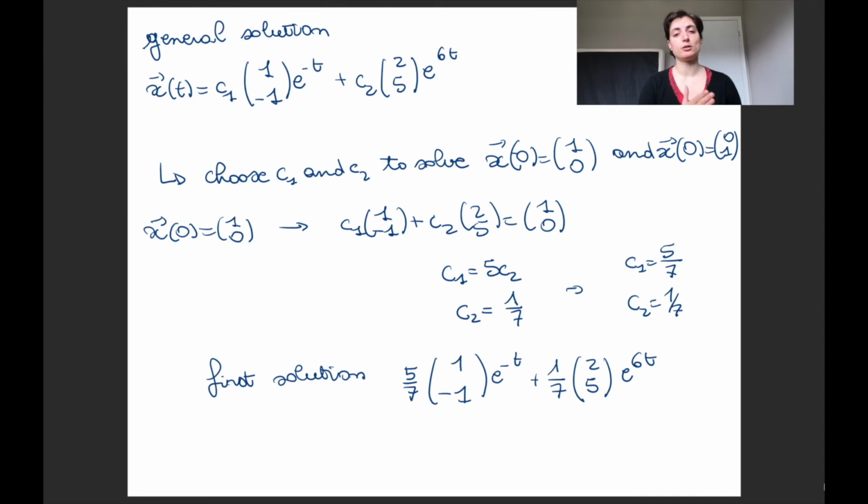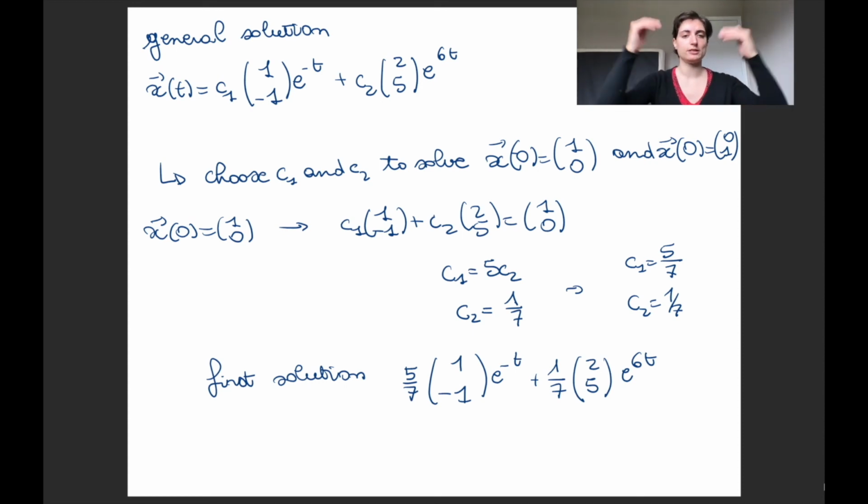First, let's compute c1 and c2 for x at 0 equal (1, 0). That means that the exponential of minus t and the exponential of 6t disappear, are equal to 1. So we have c1 multiplied by (1, -1) plus c2 multiplied by (2, 5) equal (1, 0). This is a 2 by 2 linear system, so we can solve it very easily. You can notice by the second equation, for example, that 5c2 is equal to c1.